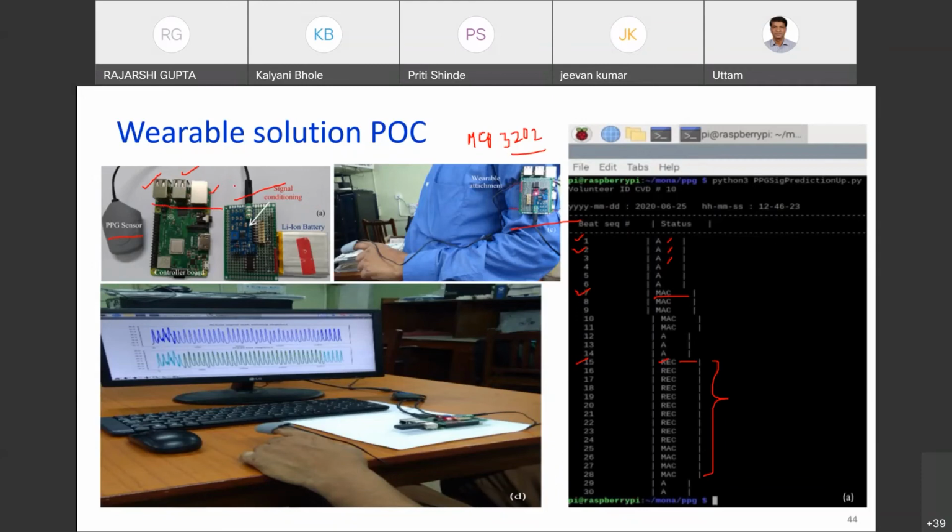So if you want to develop something better, if the memory permits, you can take a Raspberry Pi Zero W, because the space will be less than half.